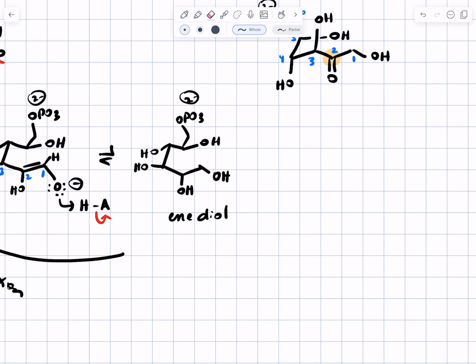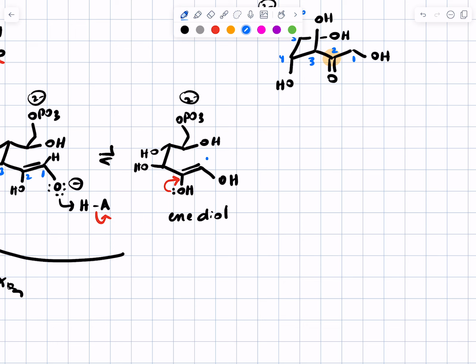Going forward, you can push arrows in a couple of different ways that give you sort of equivalent resonance structures. I'm going to have electrons on the C2 hydroxyl kick down to form a carbon-oxygen pi bond. At the same time, I'm going to break the bond between C1 and C2.